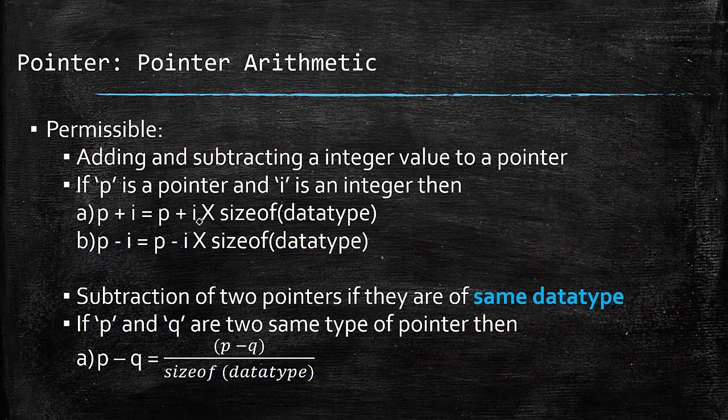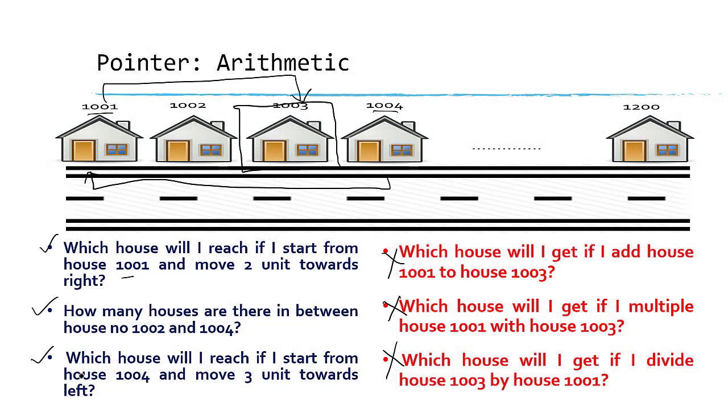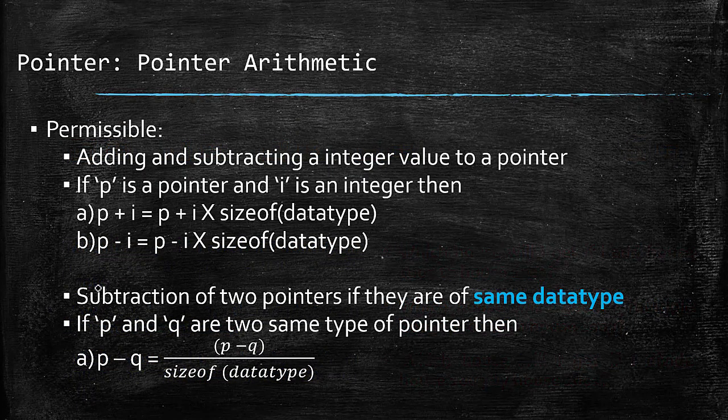So permissible pointer arithmetic is adding and subtracting an integer value to a pointer. So question number 1 and question number 3 are actually adding and subtracting an integer value to the address, respectively. Now, how will addition and subtraction work in the case of a pointer? Let us take P as the pointer and I am trying to add an integer value I to that pointer.